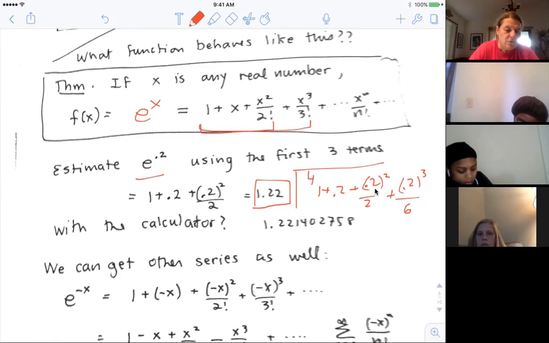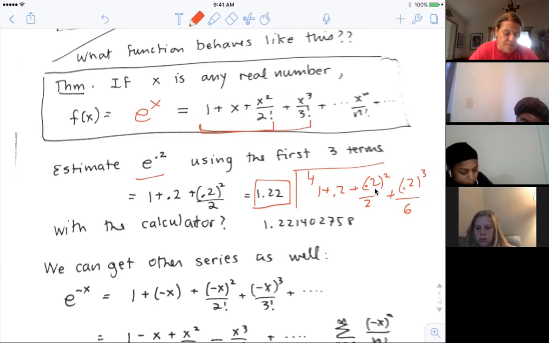0.2 squared divided by 2 plus, the last one was 0.2 cubed. I need parentheses there.